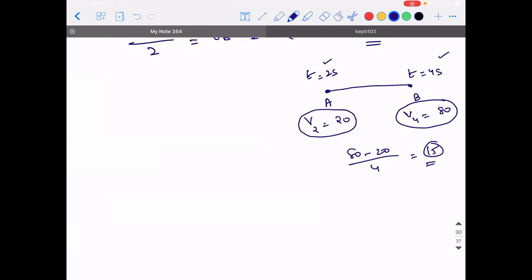By following this method, you're actually ignoring the velocities of the particles between the points A and B. Luckily you got the answer right because this is a condition where the object is under constant acceleration. That is the reason why your answer matched.